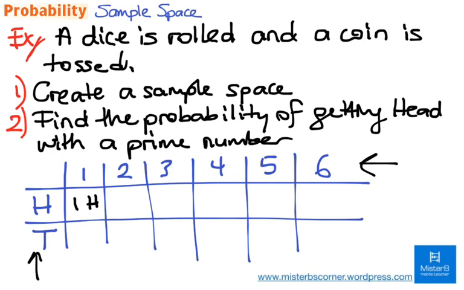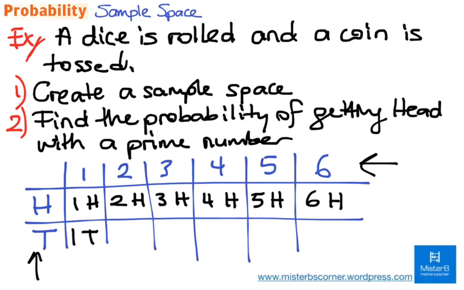But the order is important, so it's going to be 2H, 3H, 4H, 5H, and 6H. And here it's going to be one tail for 1T, 2T, 3T, 4T, 5T, and 6T.